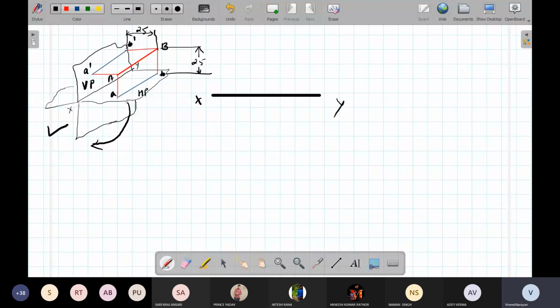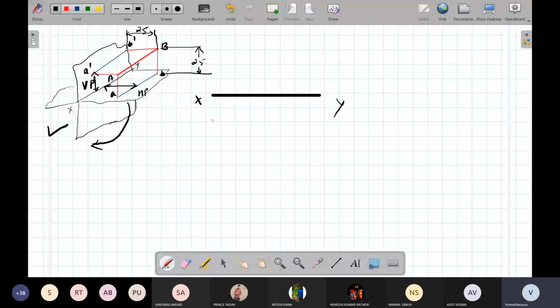Basically what it means, this height is 25 and also this distance is also 25. So now if I try to project this, let's use blue color.